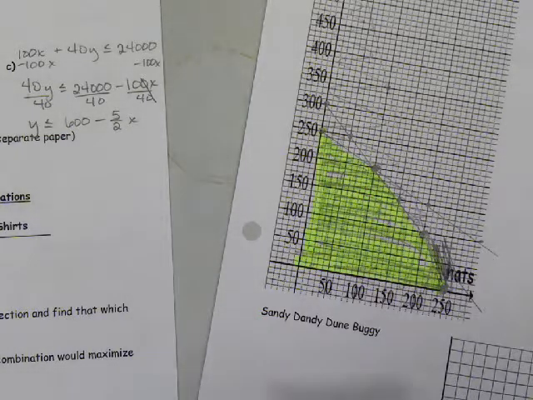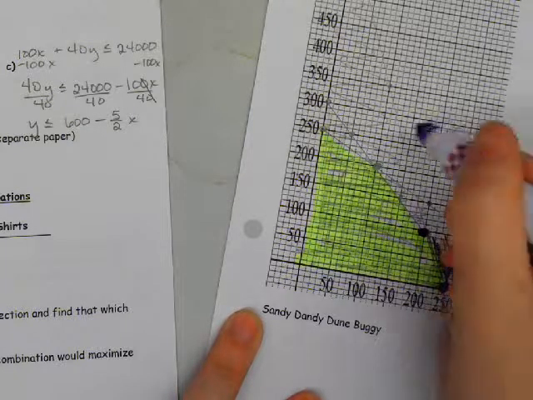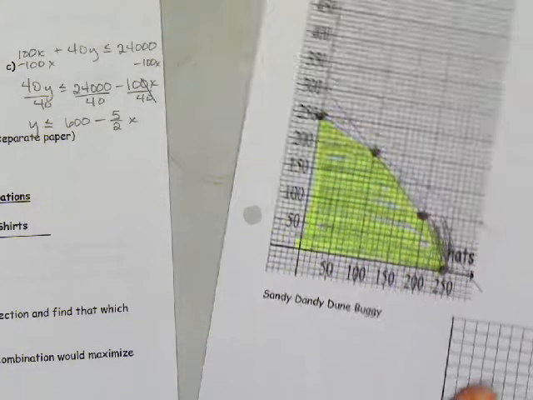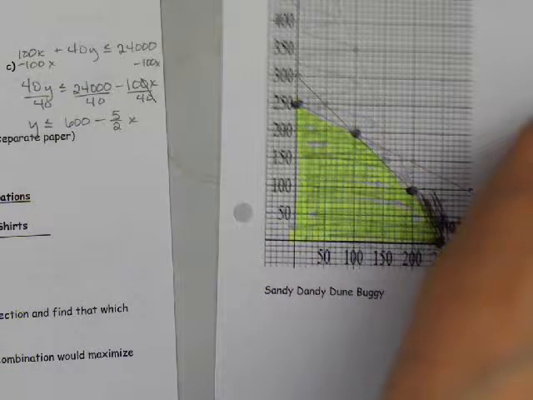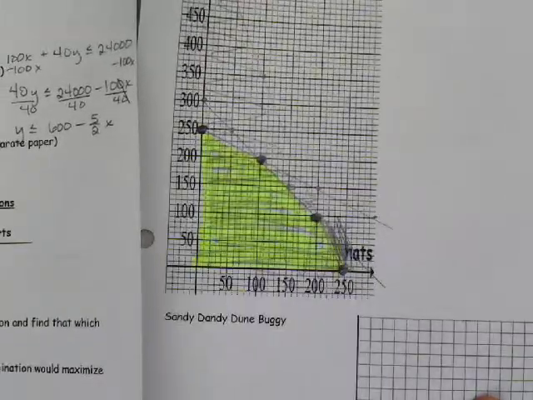My next one is at 100, 200. So I'm going to do 100 hats plus $3 times the 200 shirts. That's going to give me 100 plus 600, so that's $700 for that one. My next one, because I'm only checking the corners, is going to be 200 and 100.